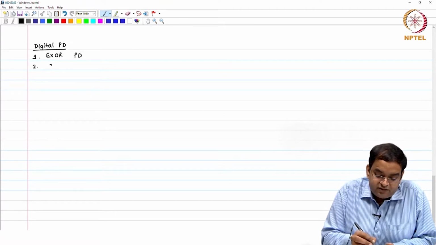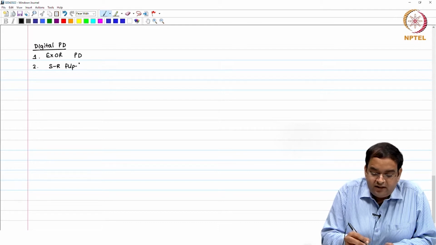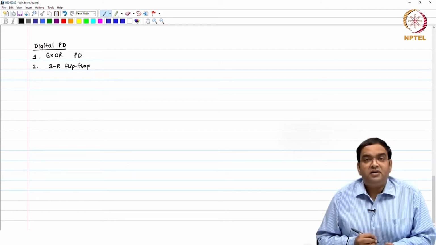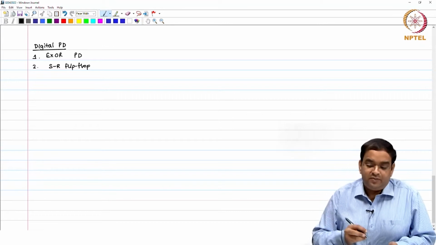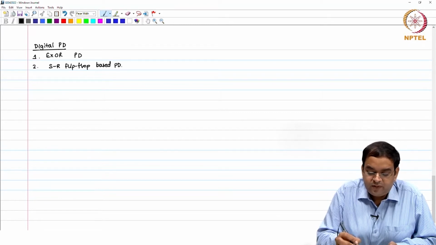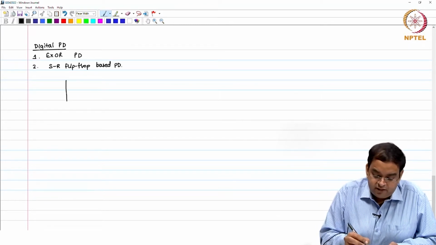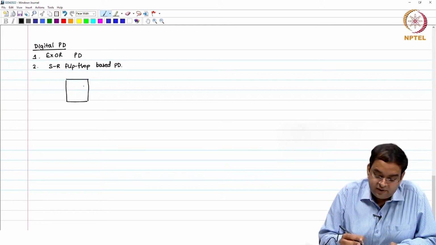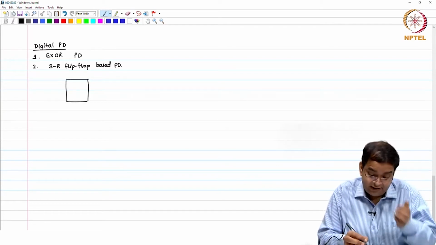The other one is the SR flip flop based PD, and this particular phase error detector tries to overcome the problem which we had with the exclusive OR gate. Okay. So, here you have the SR based phase error detector.